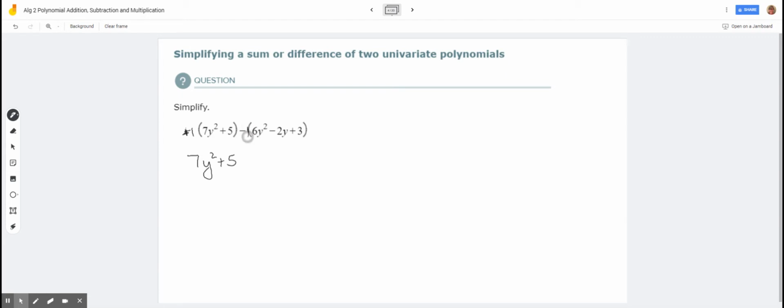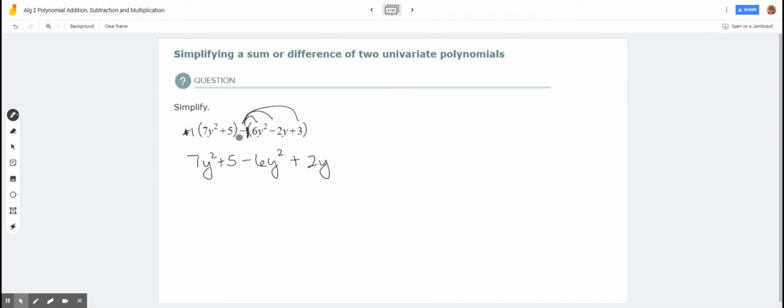A lot of people are helped by saying, imagine there's a negative 1 right here, and then they distribute the negative 1. Logically, it makes even more sense, because what is minus saying? It's saying take the opposite of everything in there. That's what you do when you distribute that negative 1.